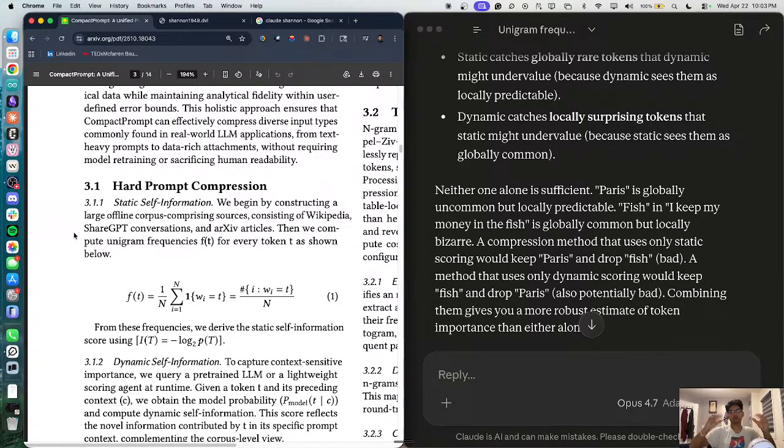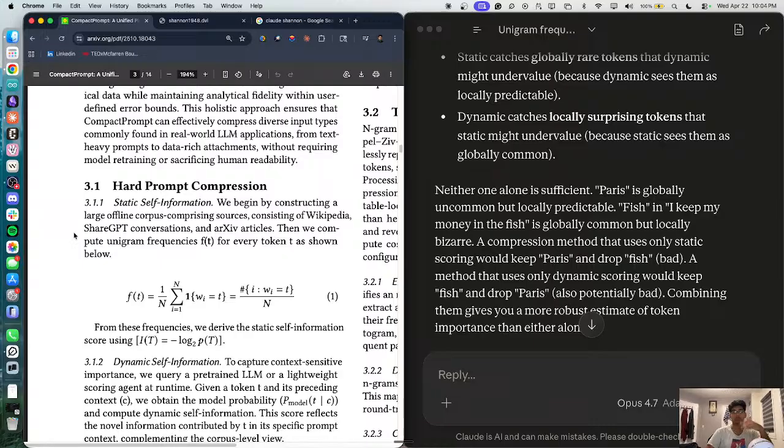And it's essentially based off of the Shannon concept of surprise, or information, which is just how rare a token is within a specific blob of text. In the case of static, that would be the general corpus, whereas in dynamic it would be based off of context and the position it's relative to within that specific piece of context.